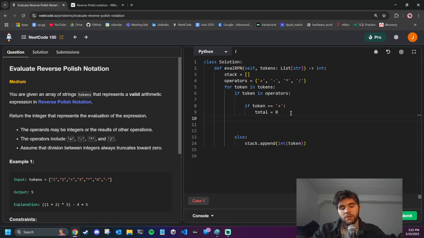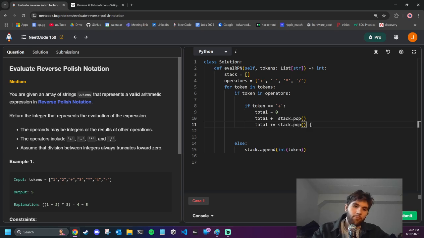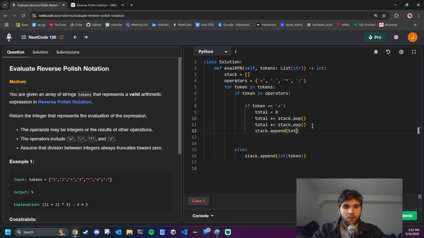So total plus equals stack.pop, total plus equals stack.pop. So I'll pop from the stack twice, and that should give me two numbers.